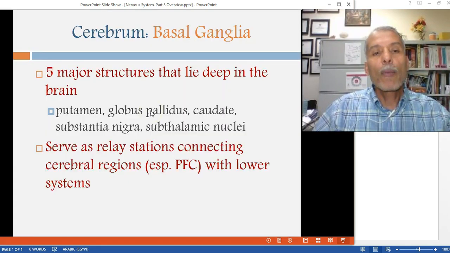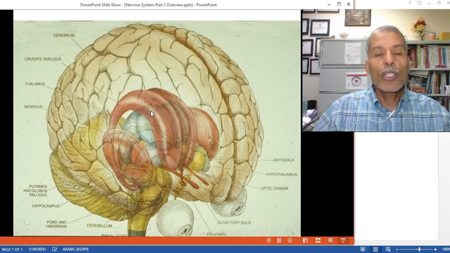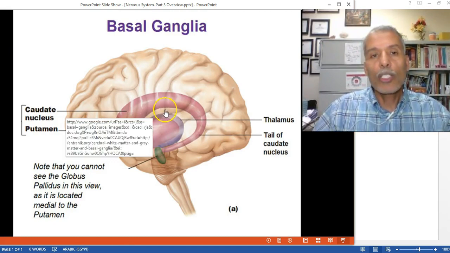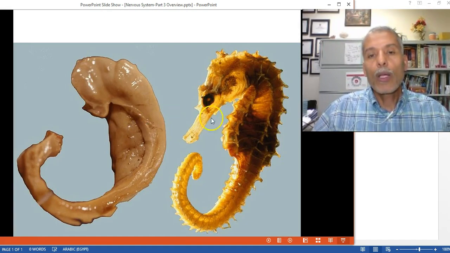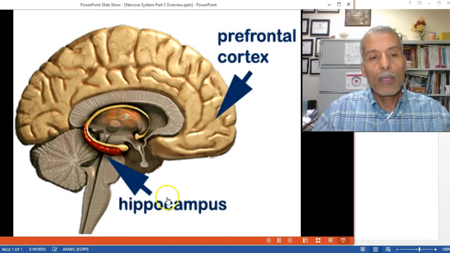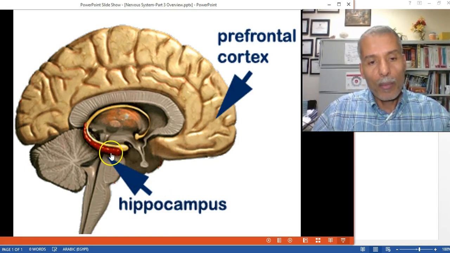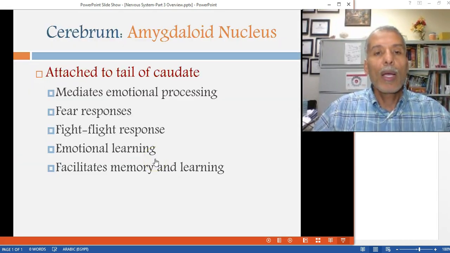It is taken from the ancient Phoenician language, for the word seahorse, because the hippocampus looks like a seahorse. So you could see it here, hippocampus.